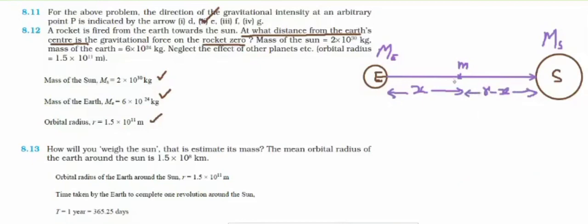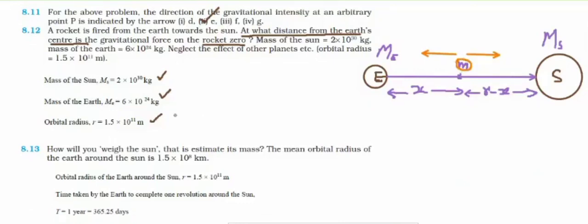Now at this point we can take the net force on the rocket as 0. Why is it so? Because the attraction from Earth and the attraction from Sun are both equal on this rocket of mass m. So in this situation the net force will be 0.